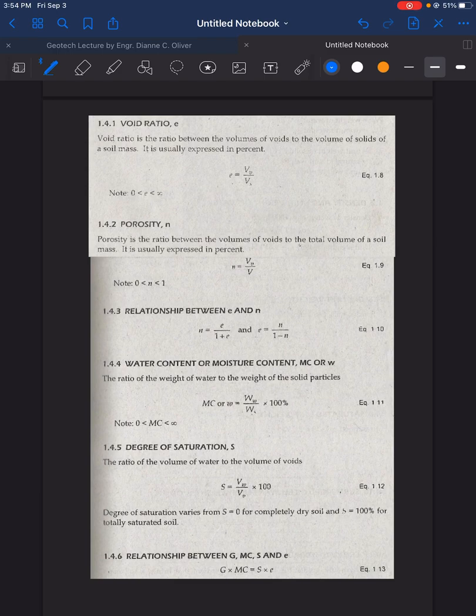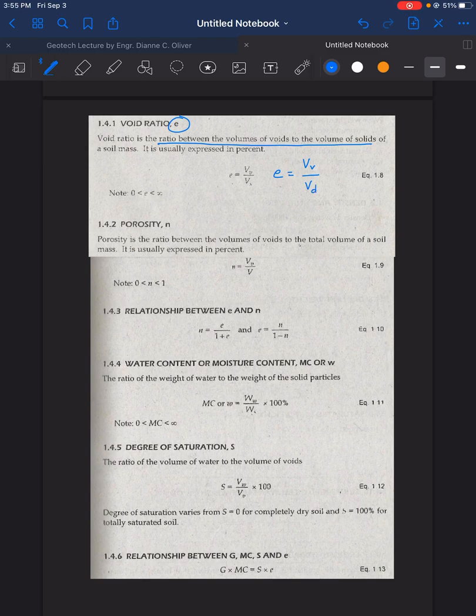So for the void ratio, the symbol is e. It is the ratio between the volume of voids to the volume of solids. It is expressed as e equals volume of voids over volume of solids, or the dry volume.